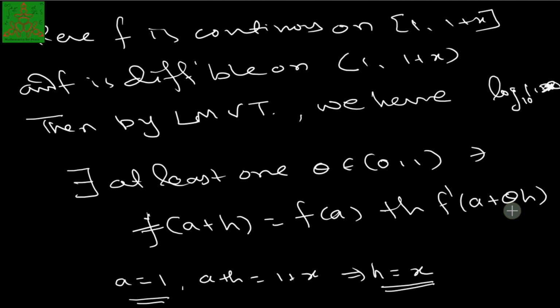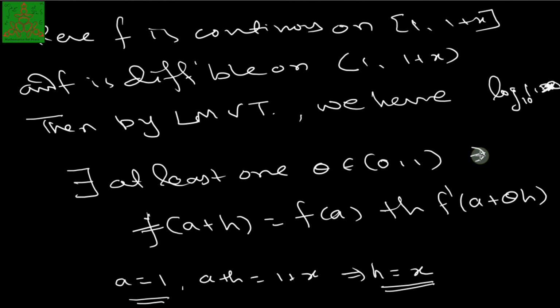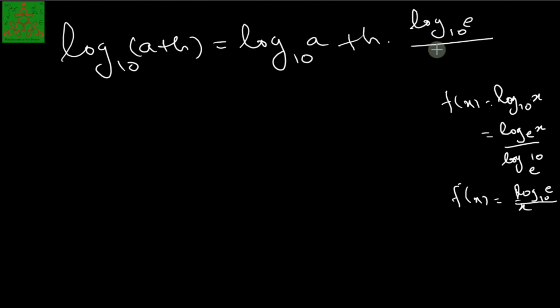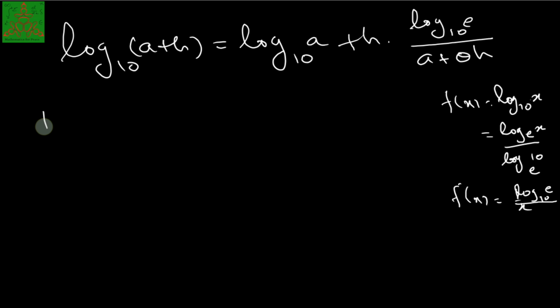Now a, we have to substitute this value. That will give me h, which is already there, log 10 base e upon x is there, but instead of x we have a plus theta h. Now as I told you, the value of a is 1 and the value of h is x. So put a is 1 and h equal to x.